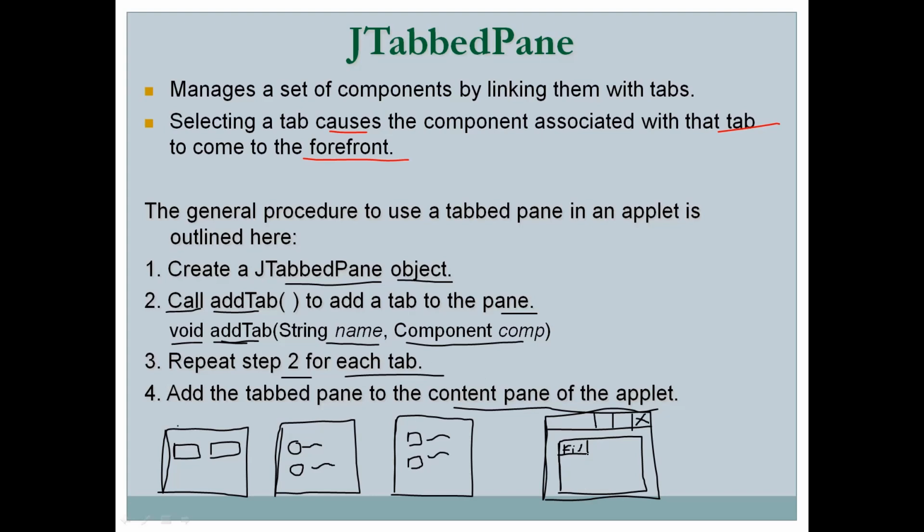So that panel will be automatically added along with this, and the panel is displayed inside the tabbed pane. Same way, when I add a second tab, it is inserted into this, and we send the second panel to it, so that whenever the second tab is selected, this particular panel is visible on the applet screen. Same way, you can create any number of tabs and pass any number of components to it. Now let us go through an example of how it is created.